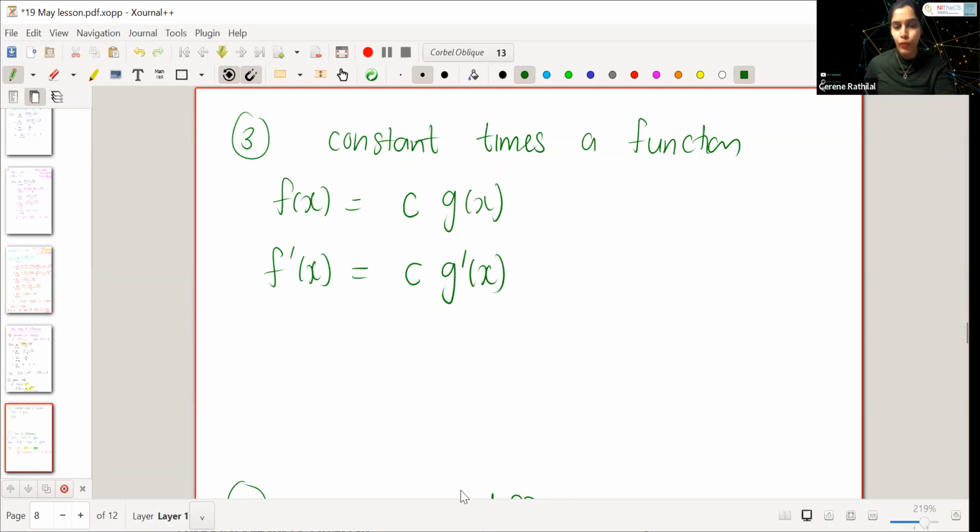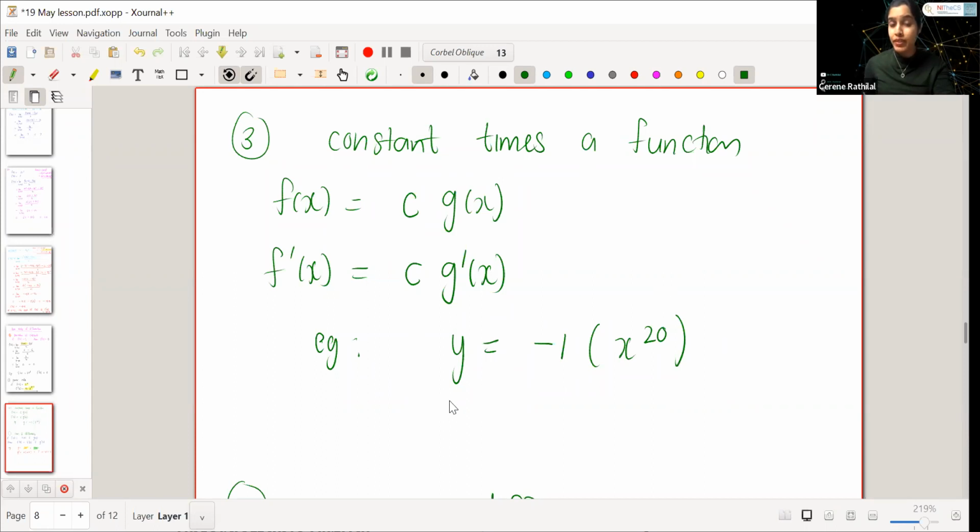So for example, as we had seen earlier, if I give you y equals, let's say, minus 1 times x to the power 20. This is a constant times a function. Would you agree? Right?